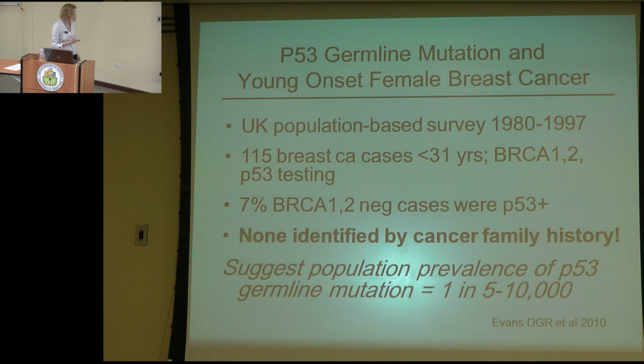A more important point from this study was because it was population-based, over a 10-year, actually almost a 20-year period, they were able to estimate the prevalence of p53 germline mutations in this population. And it came out with a number, covering a fairly wide range, but one between 5 and 10,000 individuals.